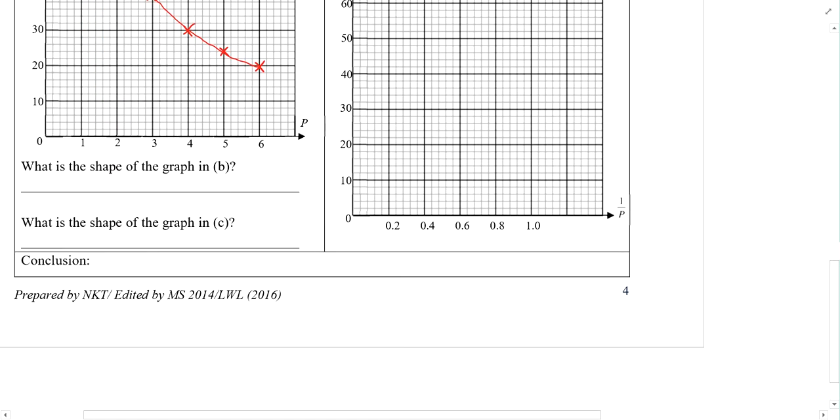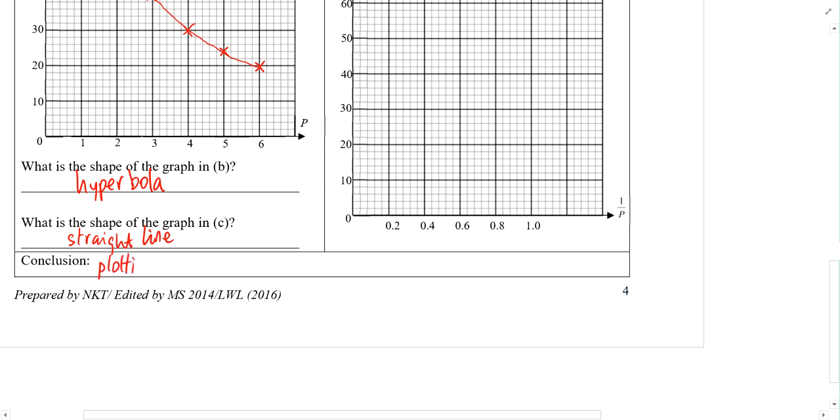The name is hyperbola. What is the shape? It is a hyperbola, H-Y-P-E-R-B-O-L-A. Then for part C, you will see a straight line. Now after you plot the points yourself for part C, which you just do at home yourself, the conclusion will be as such.